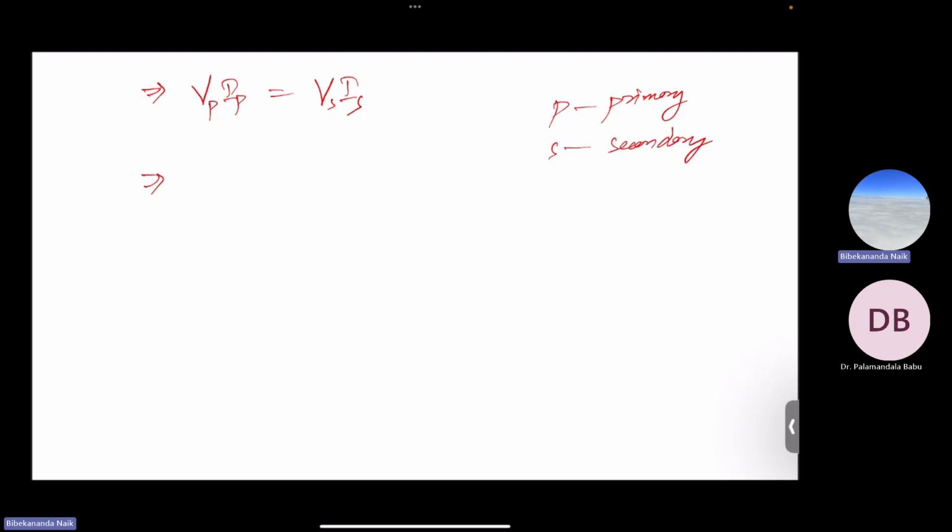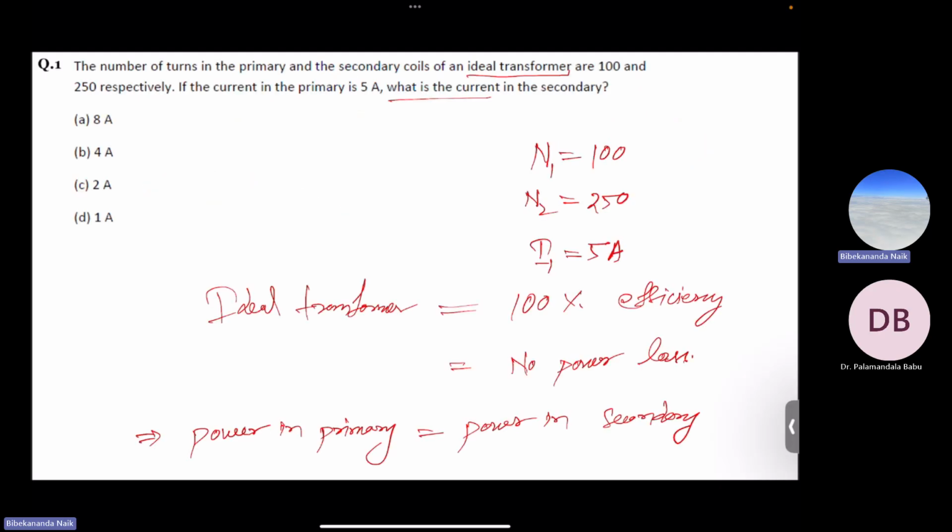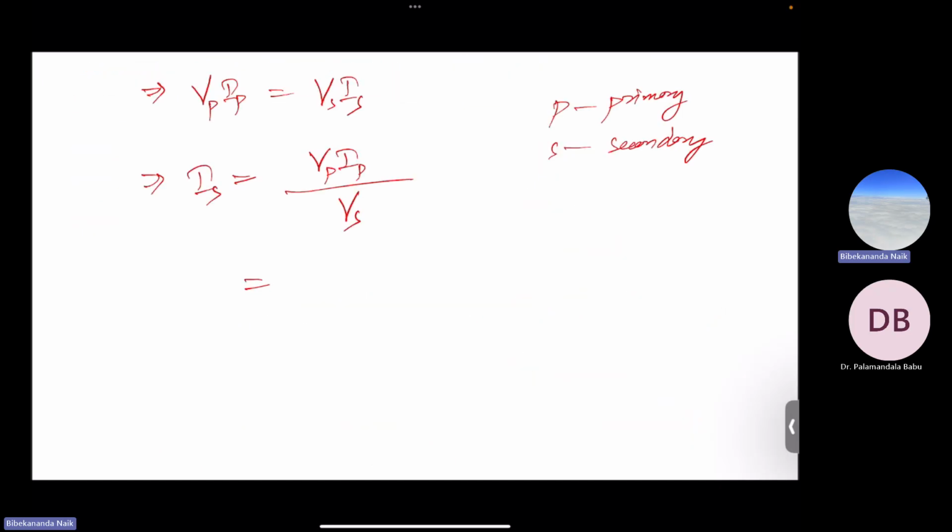So what will be IS? IS will be VP IP divided by VS. In the question, there is no value of voltage, but we have the number of turns. So how can we determine the ratio? It is VP by VS into IP.